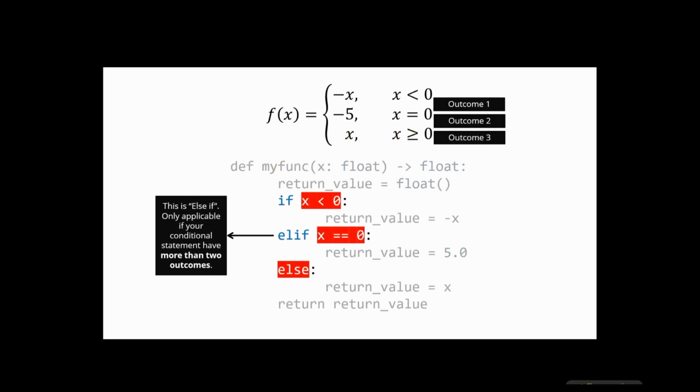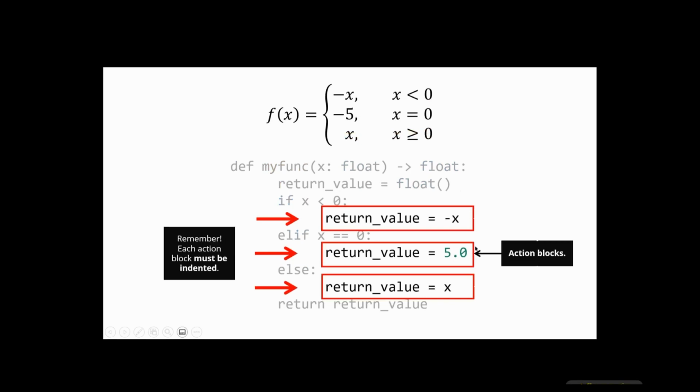Any questions so far regarding this? So here I am highlighting the conditions. There are 3 conditions, 1, 2, and 3. So there are 3 outcomes here. These are the action blocks.